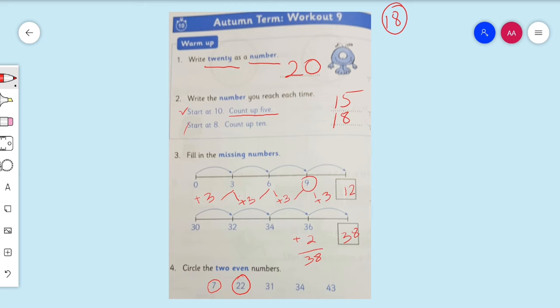So that is right. 31 has the digit ending with 1, and 1 is an odd number, so it cannot be an even number. 34, the number ending in 4, the ones digit is 4, and 4 is an even number, so 34 is an even number. 43, we see 3 is not an even number, that's an odd number, so 43 cannot be an even number.